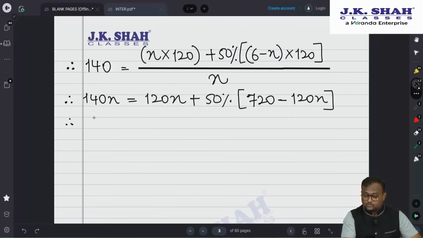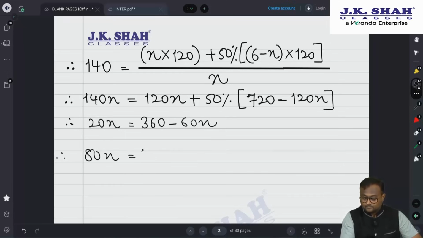So if I consider these two, I will be left with 20x here. I apply 50%. 60x will be taken to the left hand side and it will be 80x, 360.